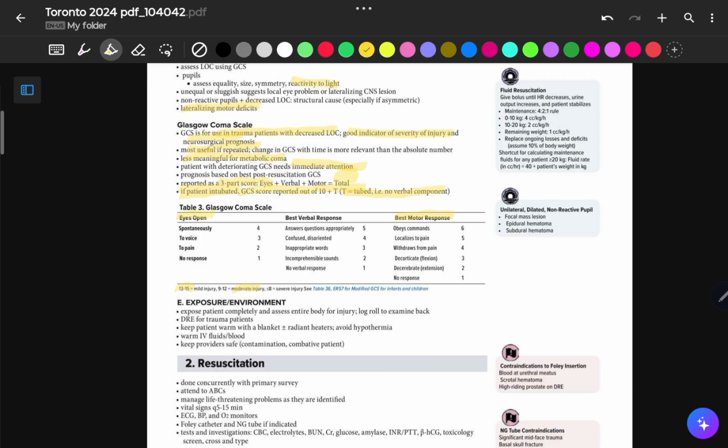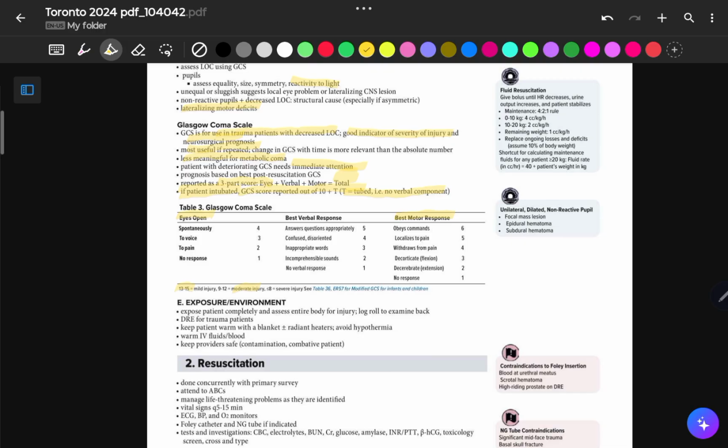Okay, so very easy. So first, 5, they're talking well, they're answering questions well. 4, they're answering questions but then they're confused. And then 3, they're not answering in full sentences, they're just saying inappropriate words. And then 2, they are saying only incomprehensible sounds. All right.